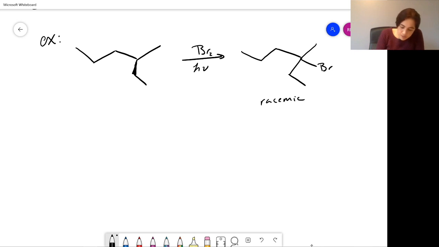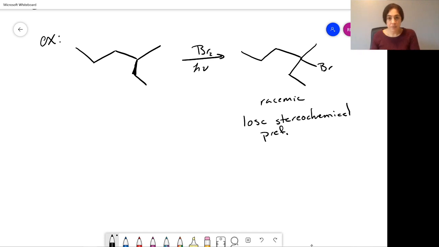So we went from something that had stereochemistry or a stereochemical preference to something that has no stereochemical preference. We lose the stereocenter, or we lose stereochemical preference. So we're going to get a 50-50 mixture of both R and S in this case.